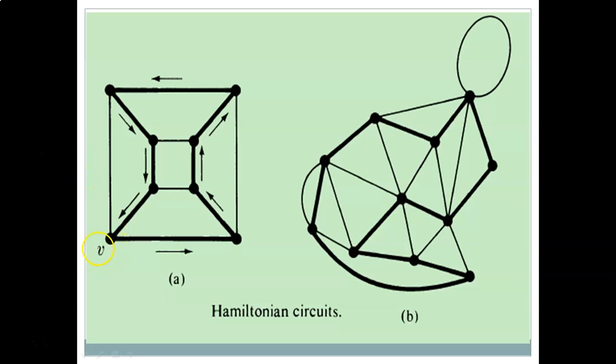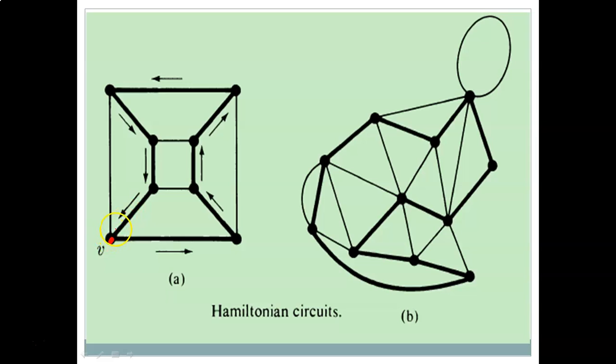Here one vertex V is marked. When you are starting from this vertex, in total how many vertices are there? 1, 2, 3, 4, 5, 6, 7, 8 vertices are there. And if you are traversing these arrows, starting from this vertex V, the line is bold. V to this vertex, then from here to this, further like this, and here again returning back to the same.